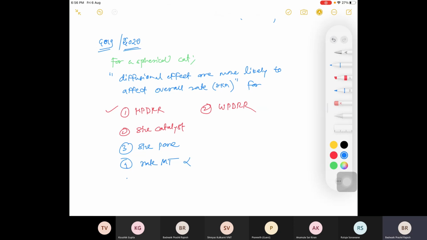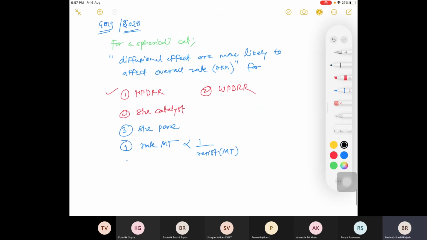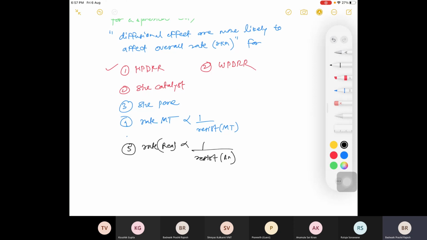Corresponding there will be resistance to mass transfer. I can ask in terms of rate of reaction or resistance to reaction, and then what remains, size of pore, size of catalyst.